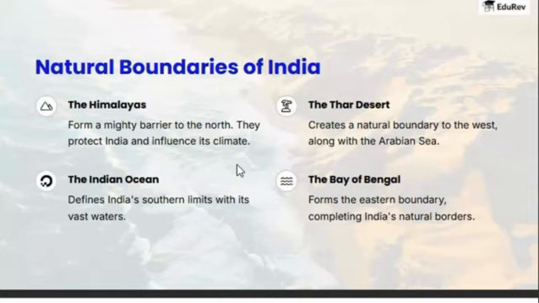To the south, the Indian Ocean, and to the east, we have the Bay of Bengal. These features create separation between India and the rest of the continent and have a crucial role in shaping India's climate, culture and history.